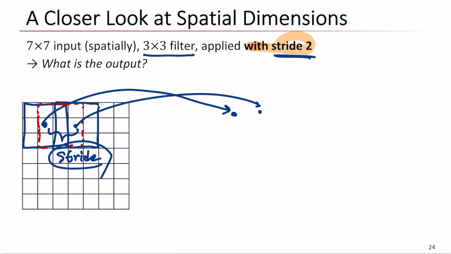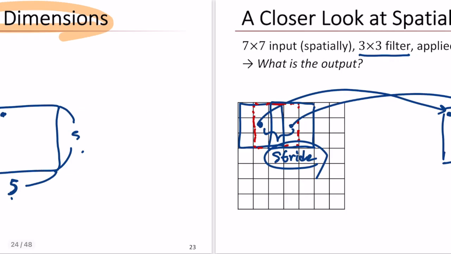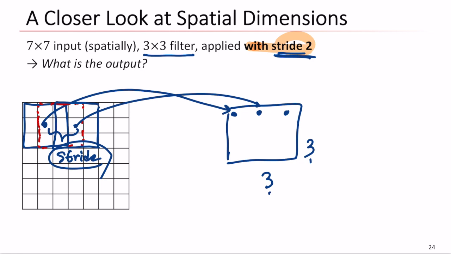Why do we have to consider the stride? Just to reduce the output. In this case, your output is going to be 3x3. Even though without stride the output was 5x5, with the stride we can reduce it to 3x3. So that's the way to reduce the memory. Then this output is going to be the input for another convolution layer, so eventually we reduce the number of parameters. That's the concept of the stride.